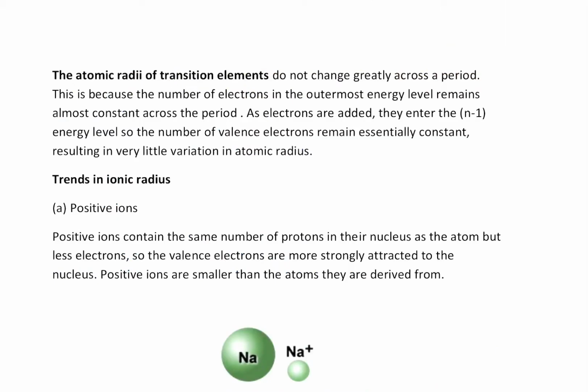Now, if you look at the atomic radius of transition elements, the radius is not going to change greatly. So there is no change across a period because the number of electrons is almost the same and electrons are added in the n-1 energy level.